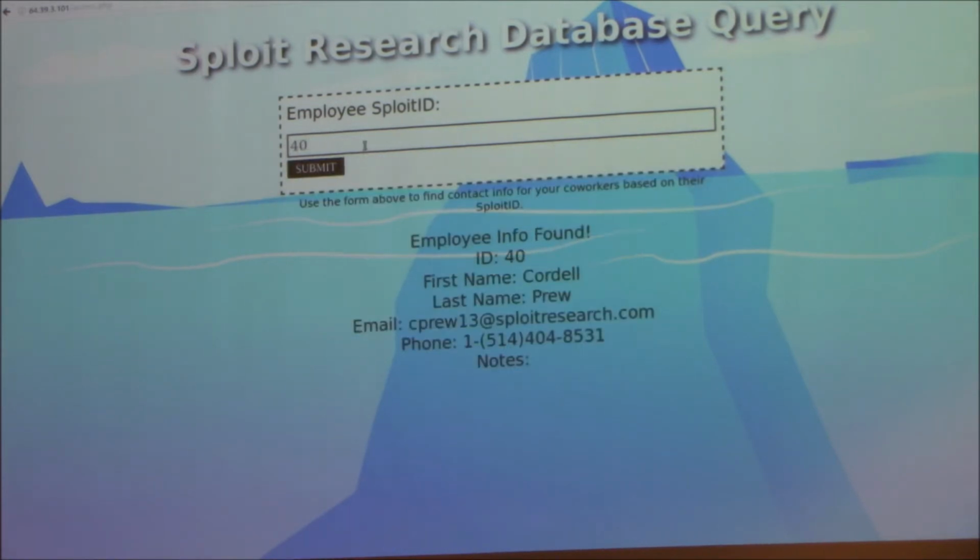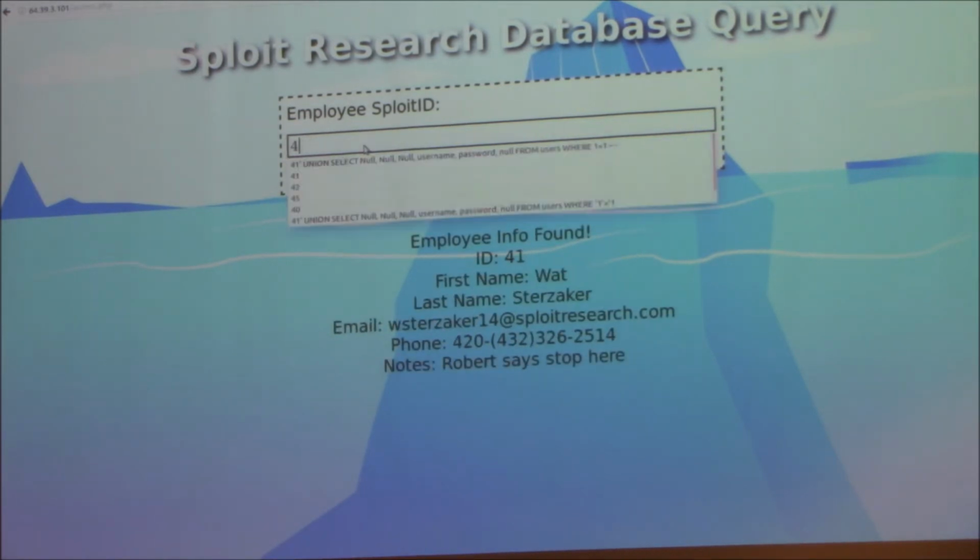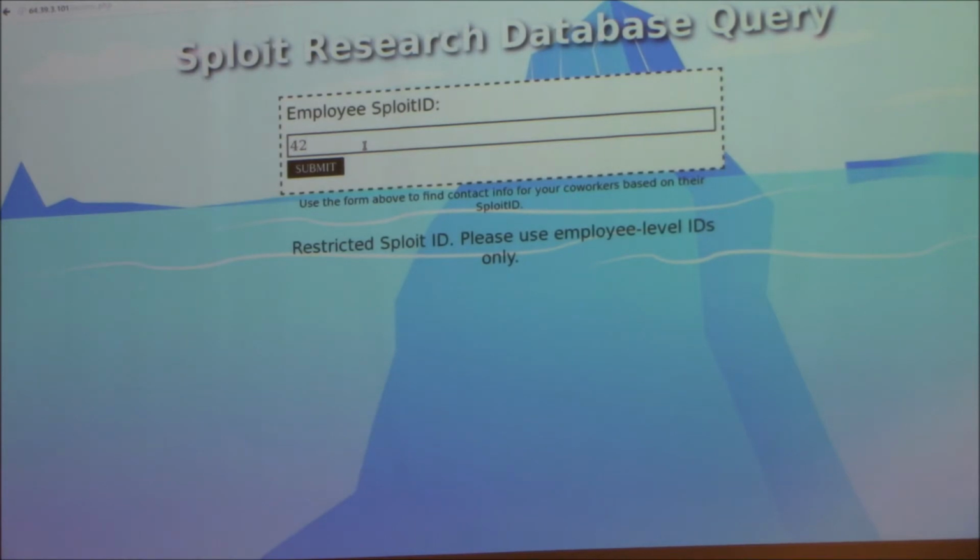If we go lower and just keep going up, we finally get to 42, which says restricted support ID, please use employee level IDs only. During the CTF, you would have thought, well, now we need to look at this because maybe it's something of interest. So your goal is to extract 42.